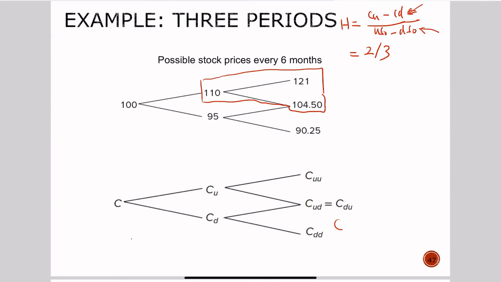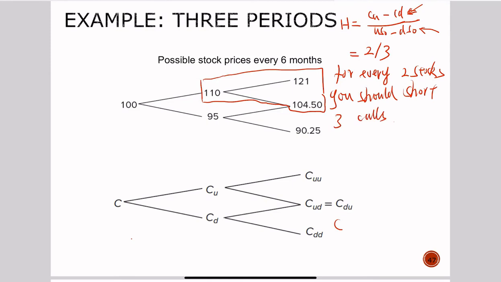That is, the hedge ratio is the change in call value divided by the change in stock value. This basically means if you want to hedge, then for every 2 stocks, you should short 3 calls, right?